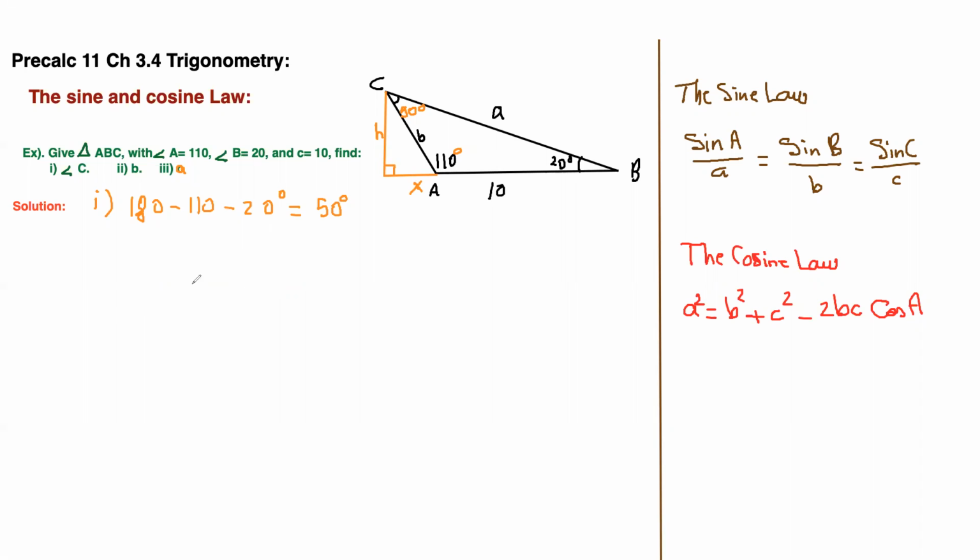So now we're gonna work with the right angle triangle, resorting to SOHCAHTOA. So I could say tan 20 equals H over, so tan is opposite over adjacent, and the adjacent will be 10 plus X.